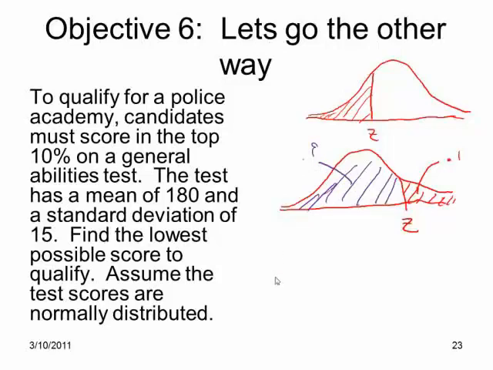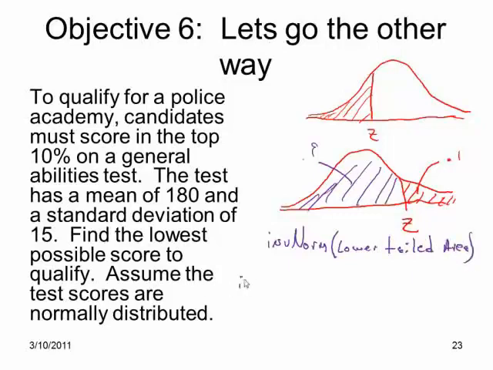So the command that will return back this purple area in our calculator is the inverse norm command, and this takes a parameter of the lower-tailed area.